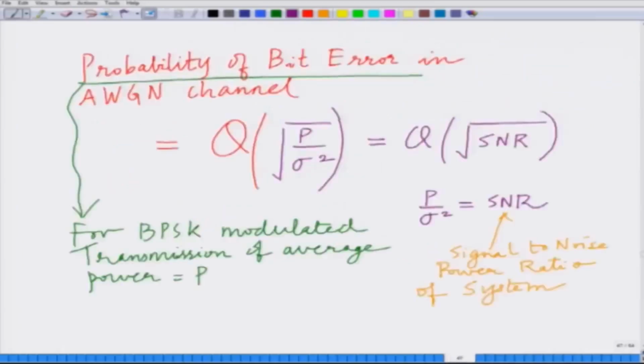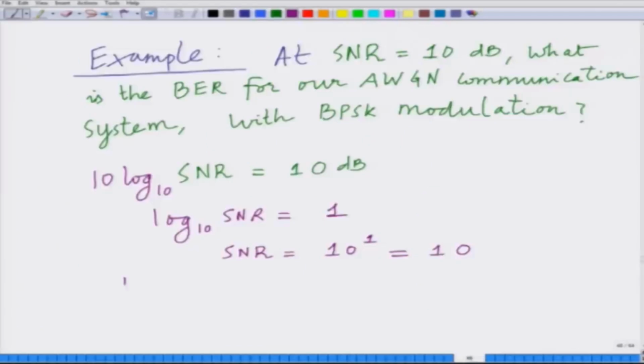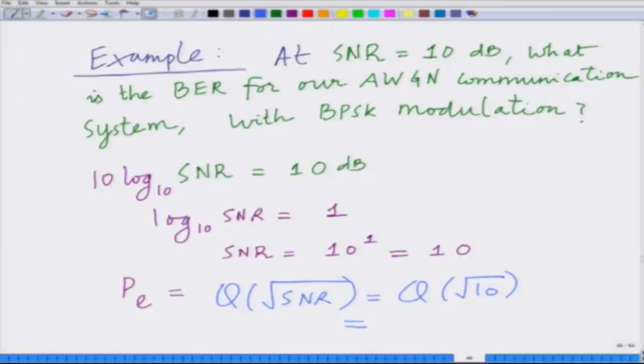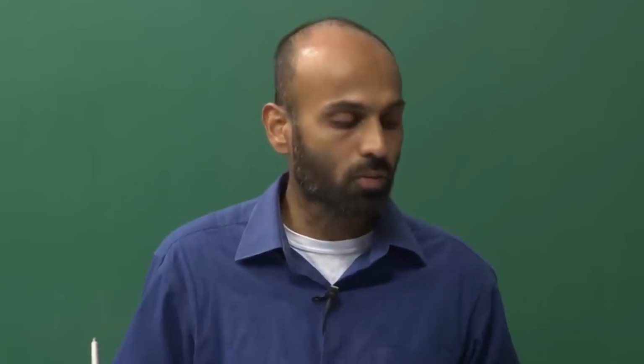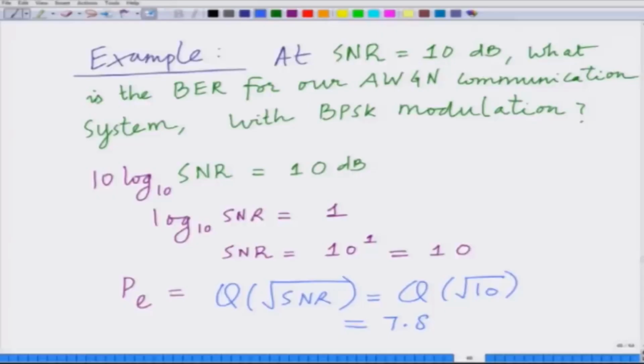So, 10 dB SNR in dB corresponds to an SNR of 10, and we know from what we already derived that the probability of bit error is Q of square root of SNR. Therefore, the probability of error PE equals Q of square root of SNR, which is equal to Q of square root of 10, and there is no closed form expression to compute the Q function. So, I have to compute it from the tables, and this value is equal to 7.82 times 10 power minus 4.